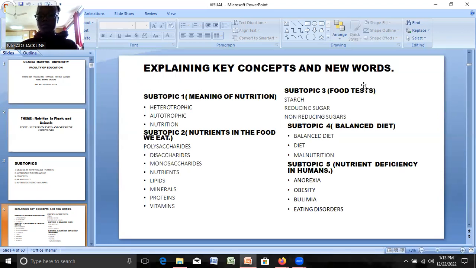In subtopic 3, we have starch, reducing sugars, non-reducing sugars. In subtopic 4, we have balanced diet, malnutrition. Then the fifth subtopic has anorexia, obesity, bulimia and eating disorders.